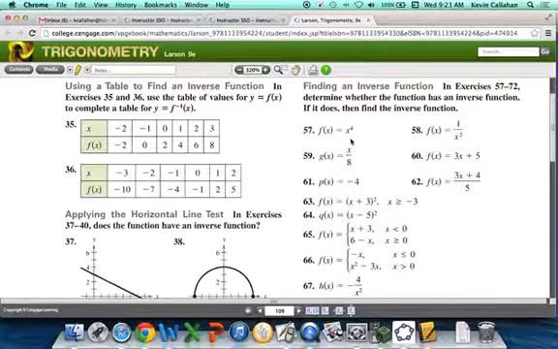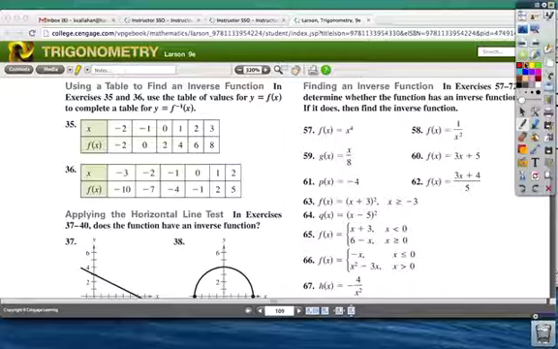And notice, for example, this one here, that's a parabola, and you would think that a parabola would not have an inverse. But it's got a domain statement after that. It's saying only use the part of the parabola where x is greater than or equal to -3.